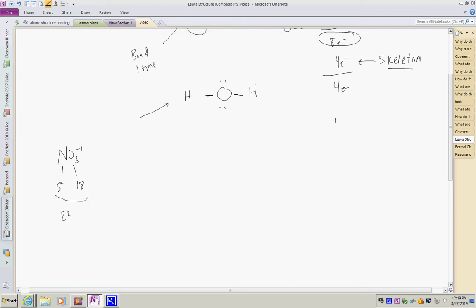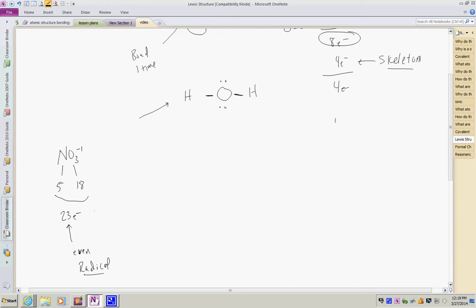Okay, add that up. We have 23 electrons. This number almost indefinitely has to be even. If it's not even, then we have a lone electron, which would be called a radical. It does exist, but it is very unstable. So really 99.99% of our examples, our electron count will be even.